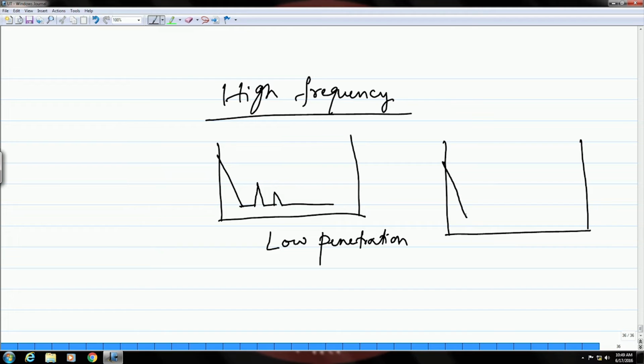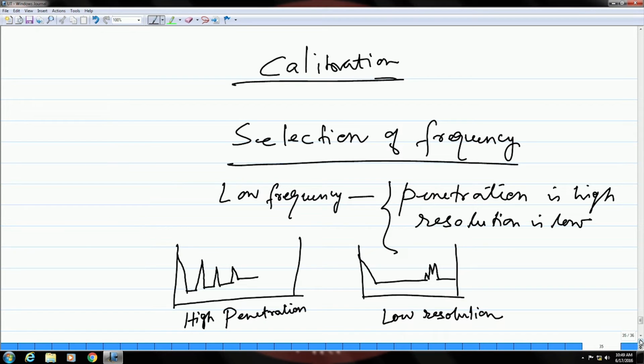Like in the previous case, if you have the same scenario, two or three defects lying very close to each other, then in this case you will get two or three distinct echoes like this, corresponding to two or three different defects which lie close to each other. In the previous case, we have seen that they are getting merged into one peak, they are kind of overlapped.